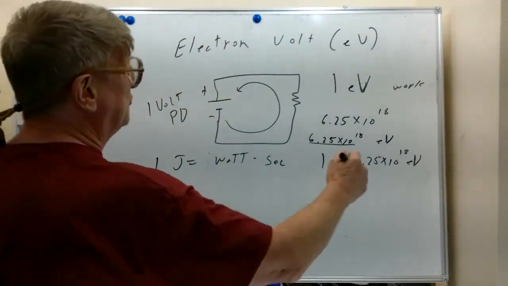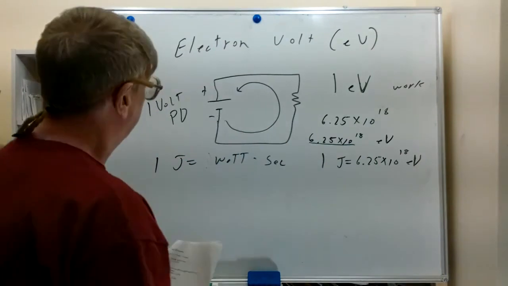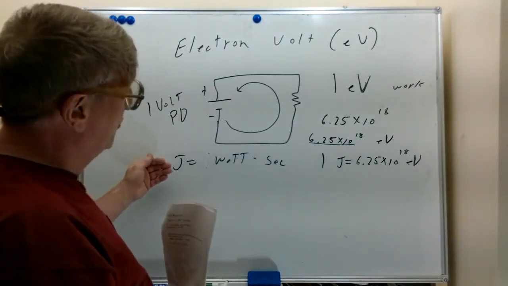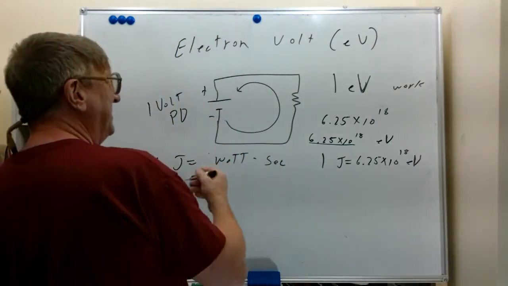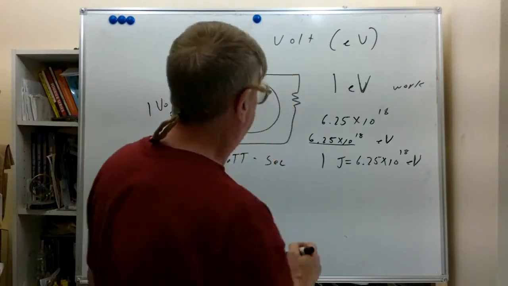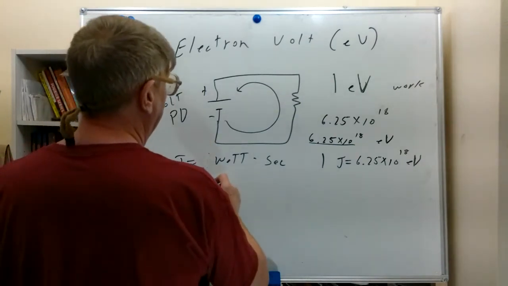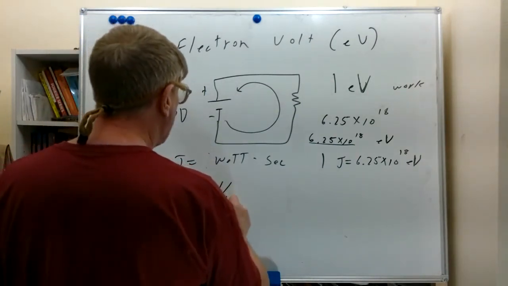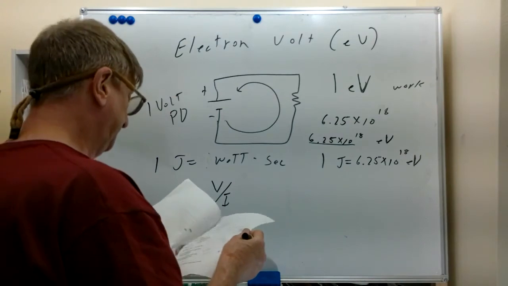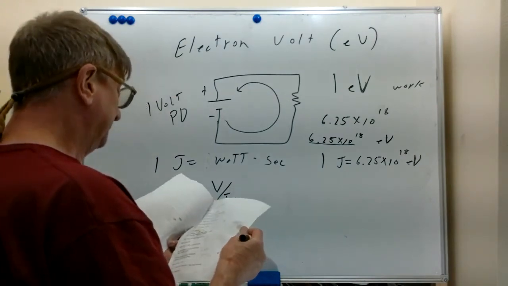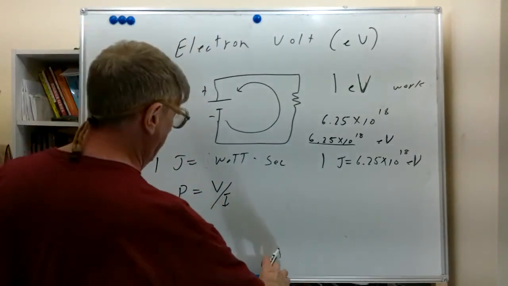If we do 1 joule of work in 1 second, so if we have 1 amp flowing here, we do 1 joule of work in 1 second. And power equals voltage times current. Power equals voltage times current.